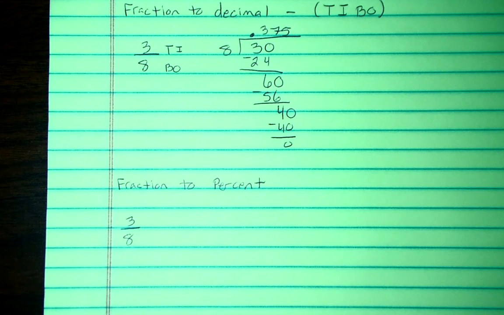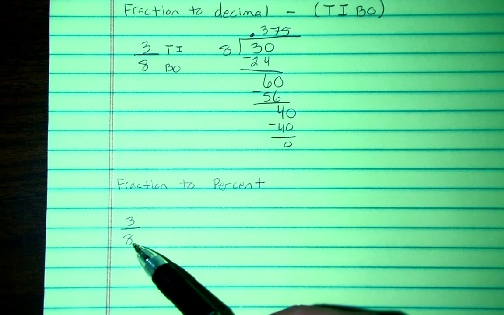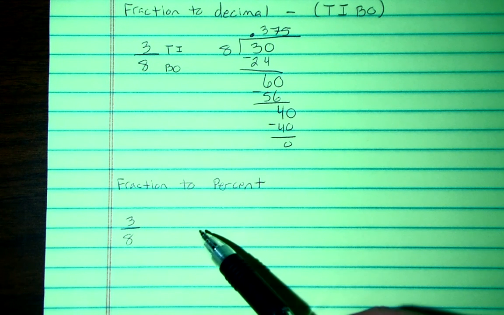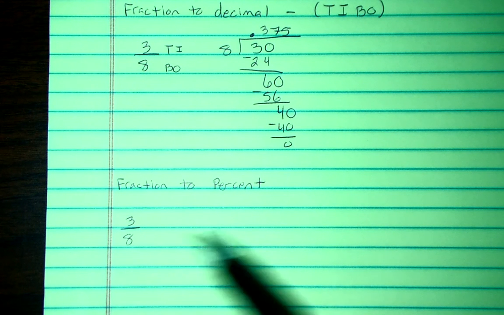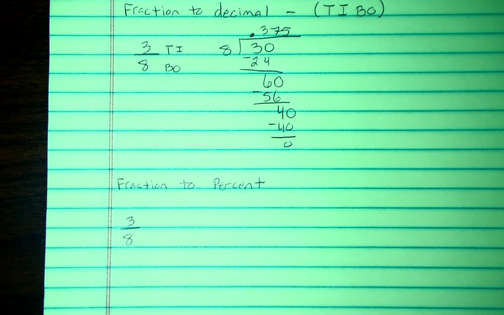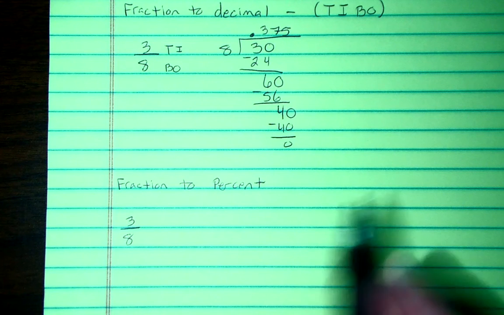Look at your denominator. Can your denominator equally go into 100? Is 8 an equivalent? Can you make an equivalent fraction going from 8 to 100 using a whole number? No, you cannot. 8 will not go into 100 evenly. So on this one, you're going to go from fraction to decimal to percent.